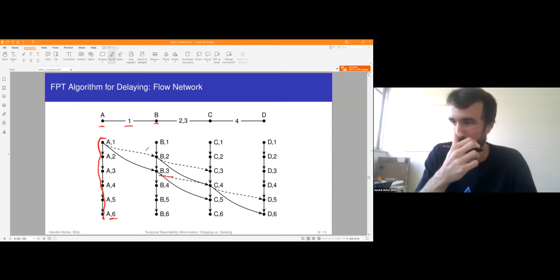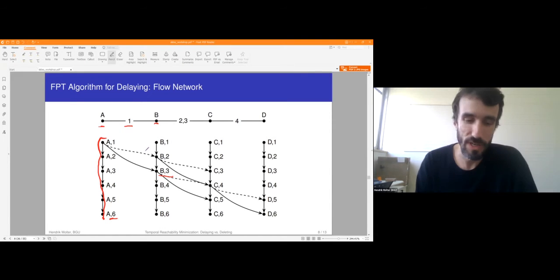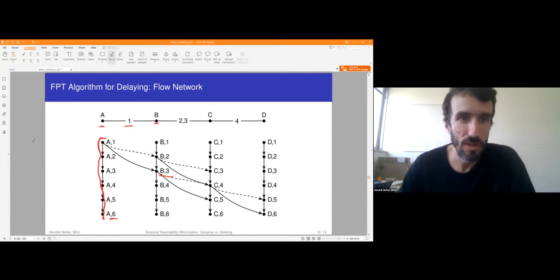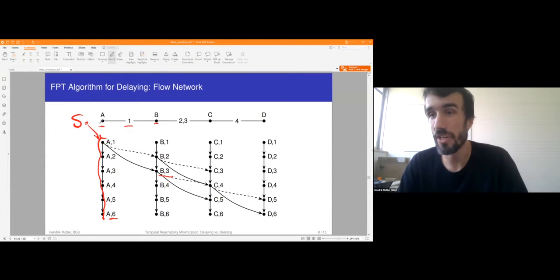And intuitively, what we do is we add a source vertex S for our flow to the vertices at which the outbreaks occur.